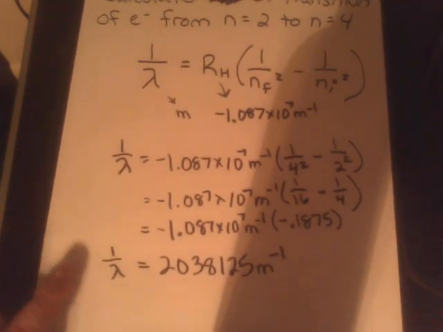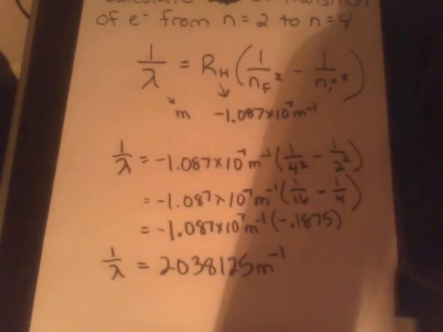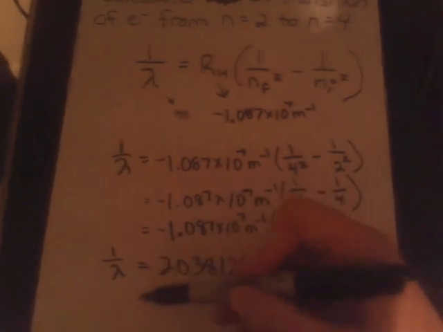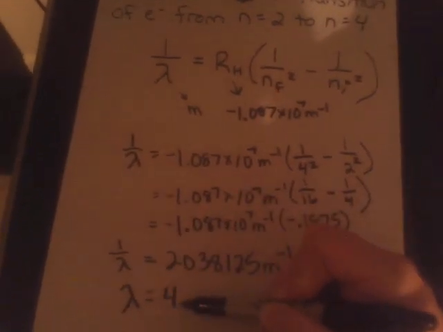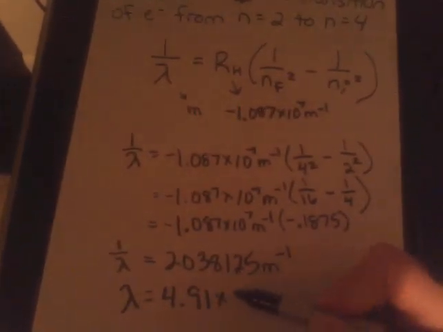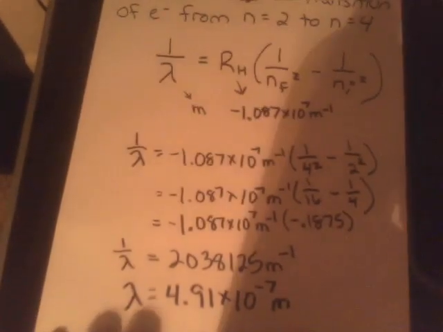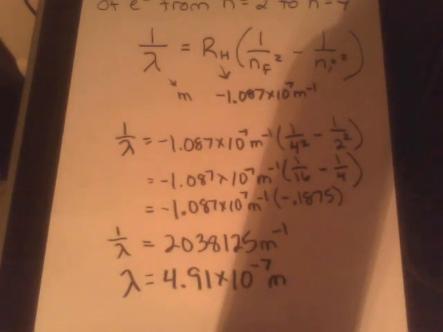So 1 over 2038.125 is actually equal to 4.91 times 10 to the negative 7 meters. And that sounds right. That sounds good.